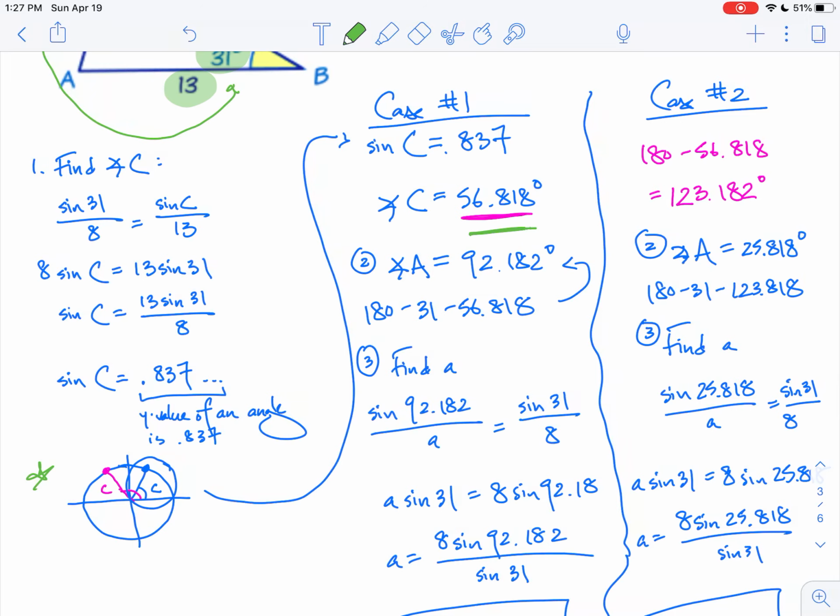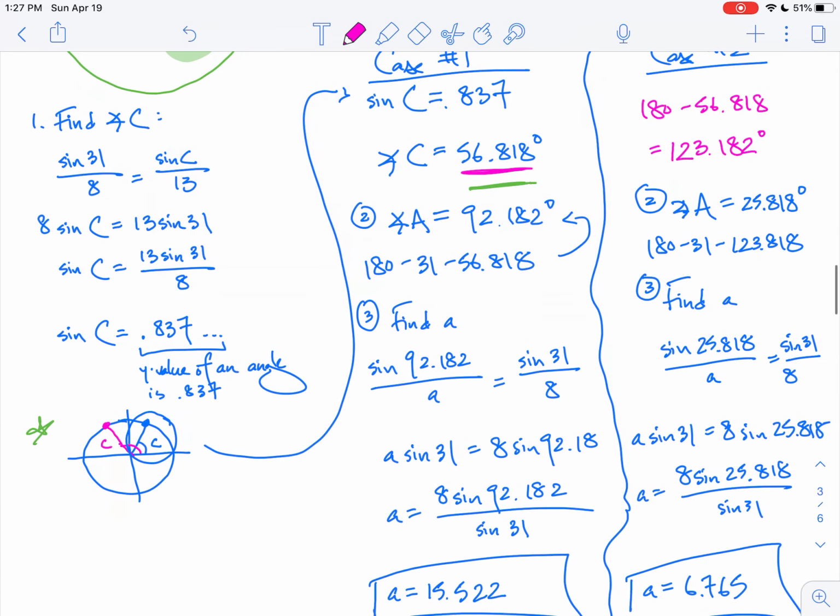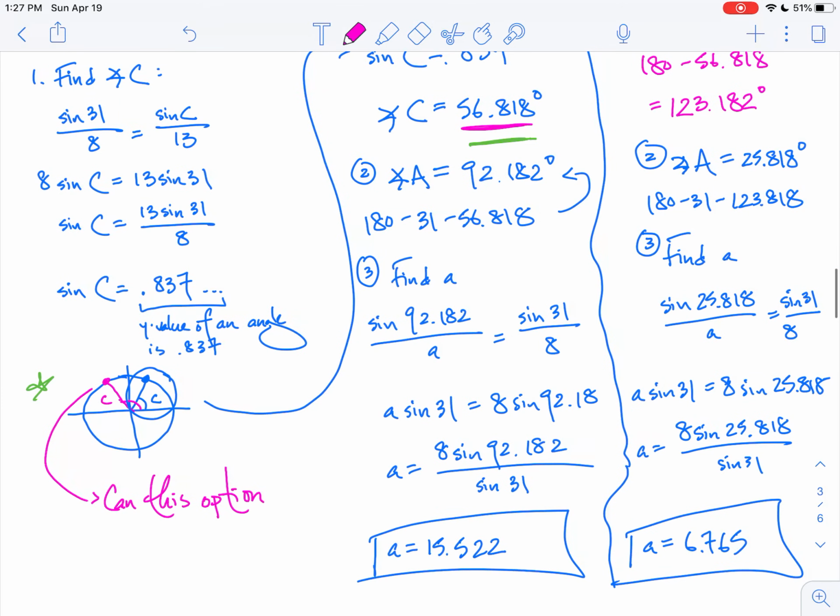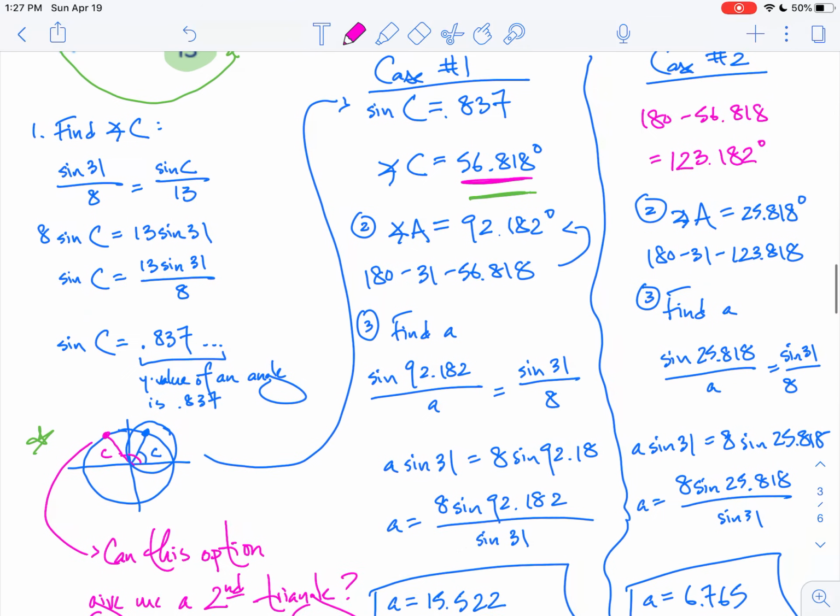So what I need to check here is this pink angle, okay? Can this option give me a second triangle, okay? So that's really the question we're asking ourselves.